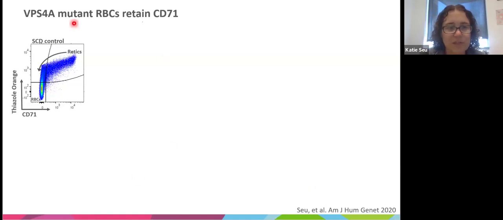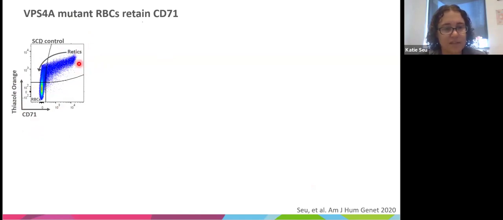So when we normally evaluate reticulocytes using flow cytometry, we do this using thiazole orange and CD71, and freshly released reticulocytes from the bone marrow will be very high for their CD71 still, and they will also still contain RNA as well as some other things, which the thiazole orange will stain for the RNA.